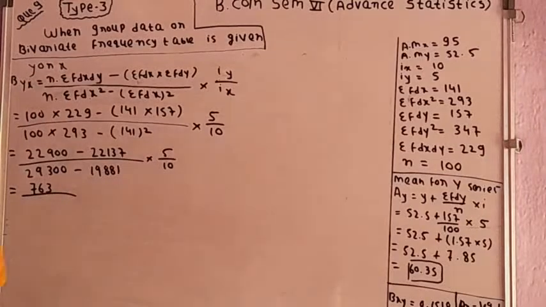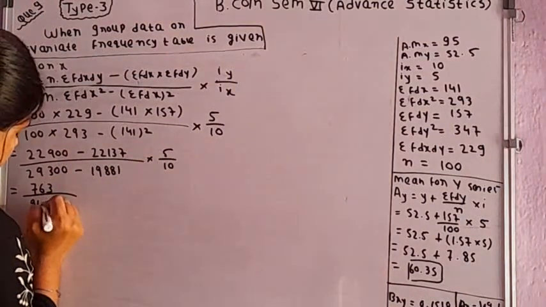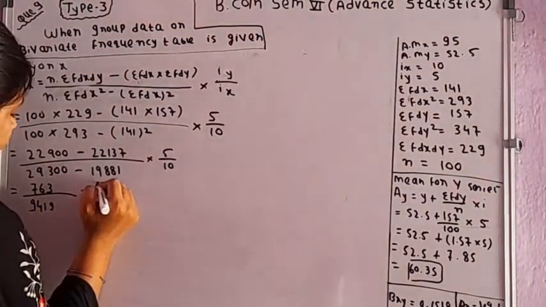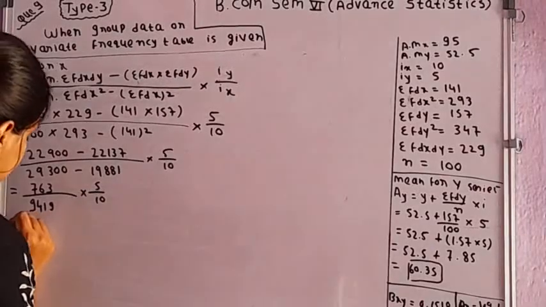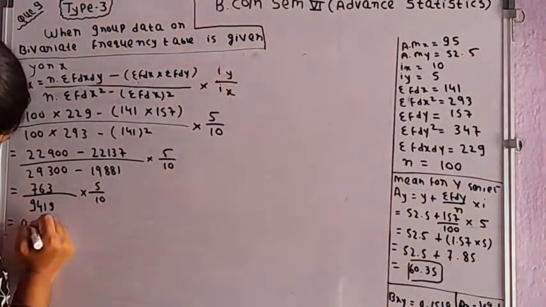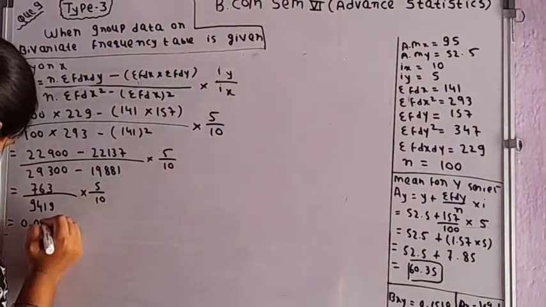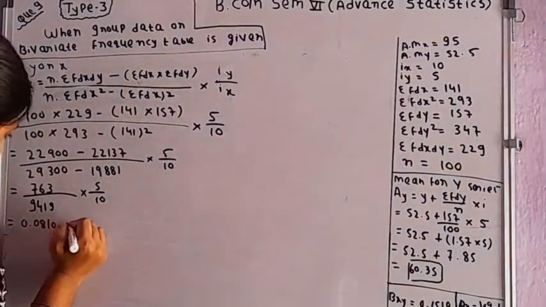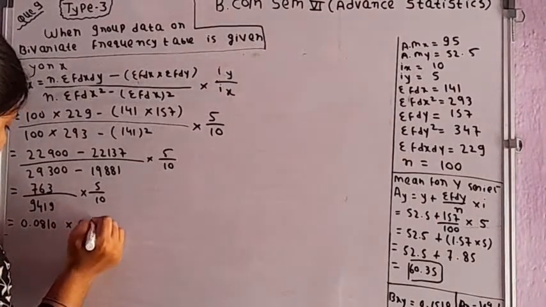Okay, 9,419 into 5 by 10. Then 763 divided by 9,419 equals 0.0810, into 5 by 10, which is 0.5.